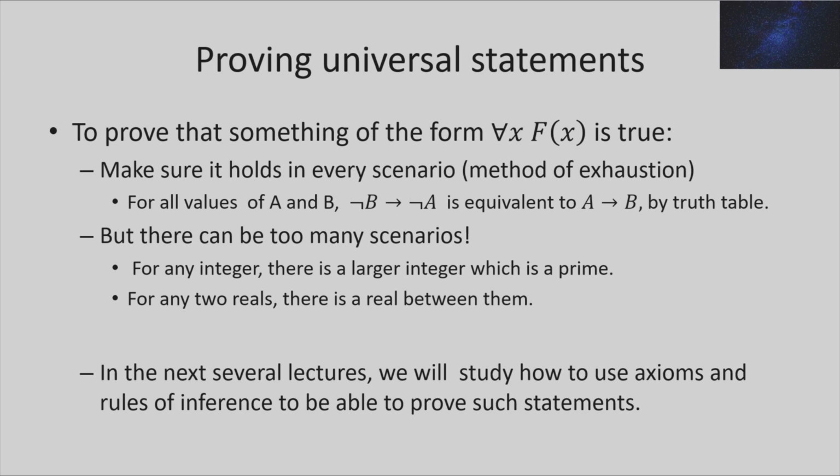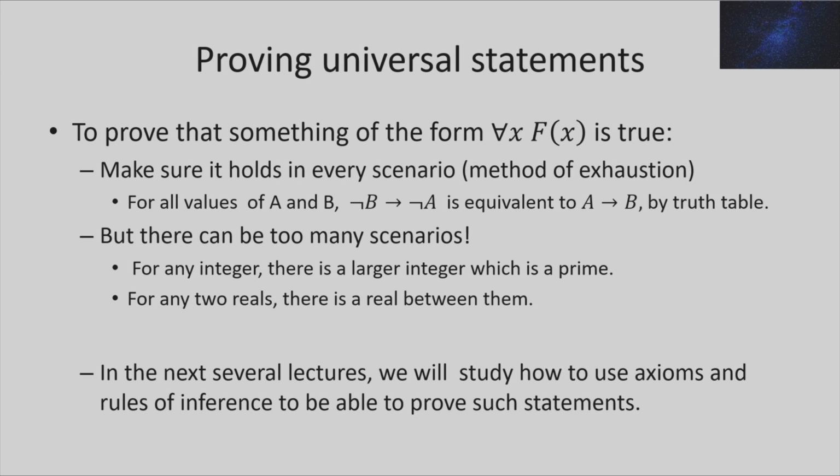If we are talking about numbers, for example, we really don't want to look at every possible number. There are infinitely many of them, there's way too much. So how do we prove something like for every integer there is a larger integer which is prime? How do we show that for any real numbers there is a real number between them?